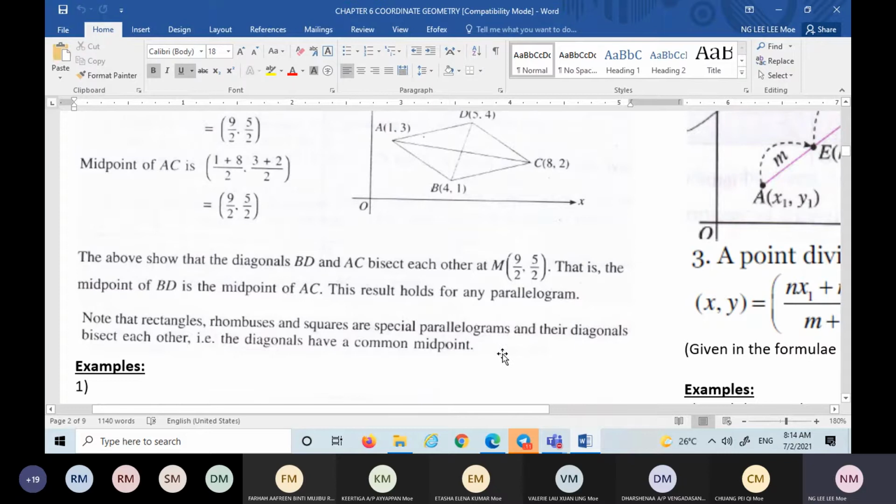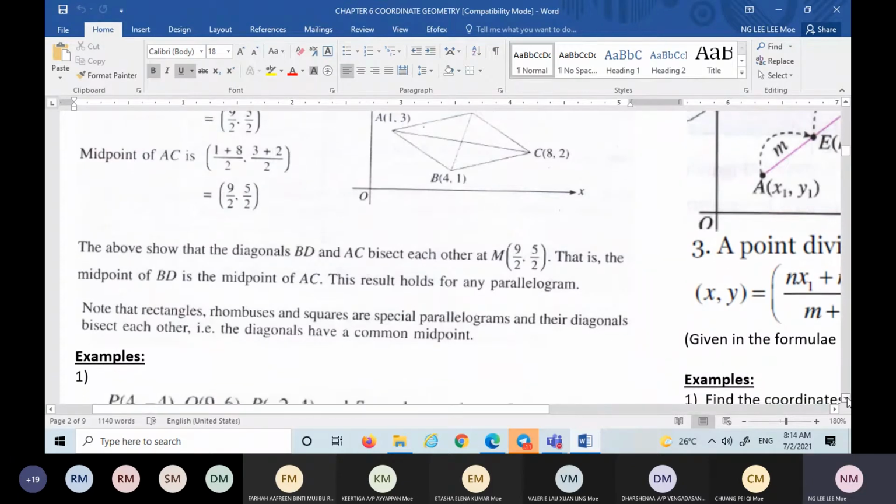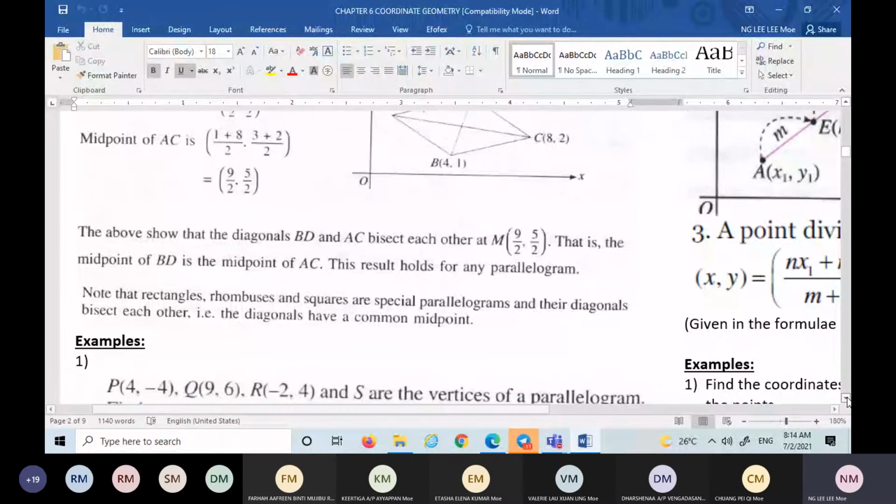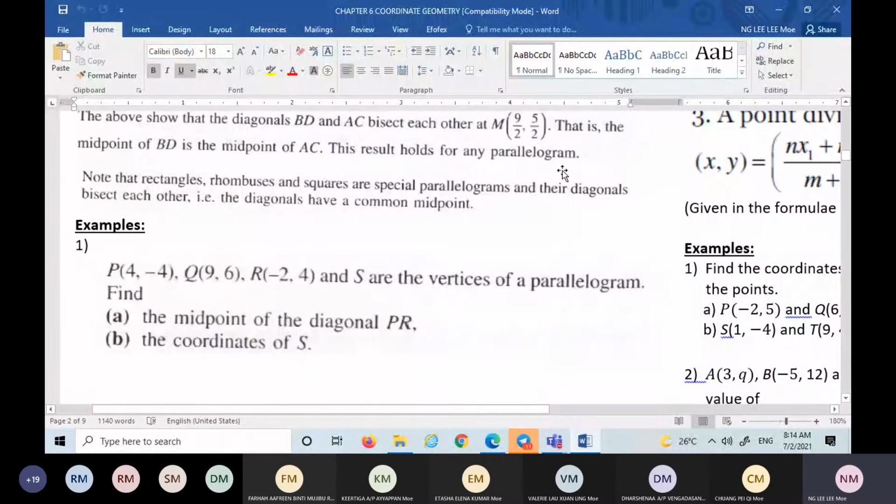So this is a theory that you can use next time you solve any question related to a parallelogram. We look at the example of how we use this point to solve the problem.